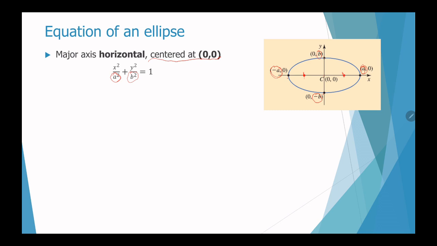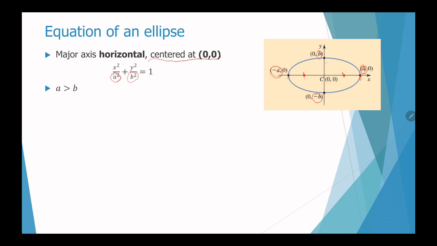So those are the y values of our minor axis. This is the x values of my major axis. And it should make sense that this A, because it's on the major axis, is bigger than the B that's on the minor axis.